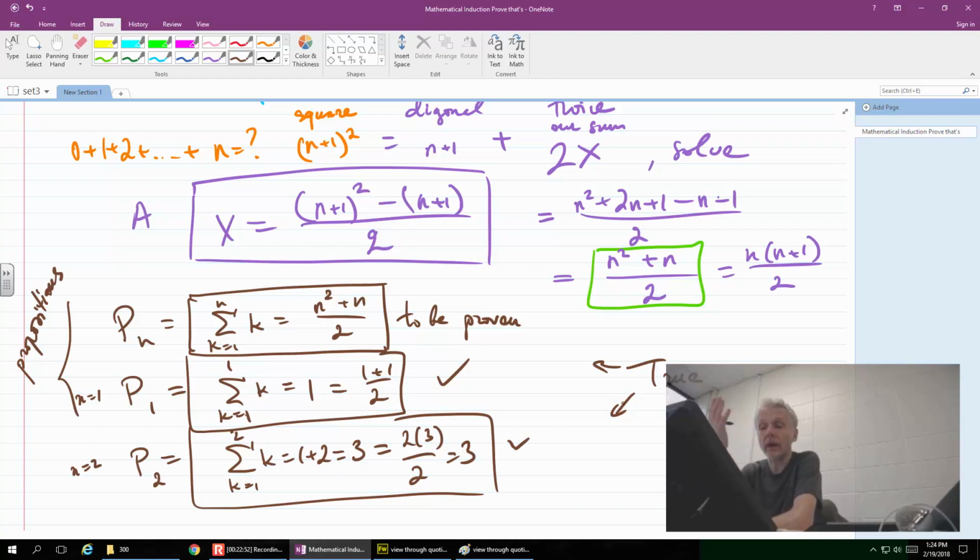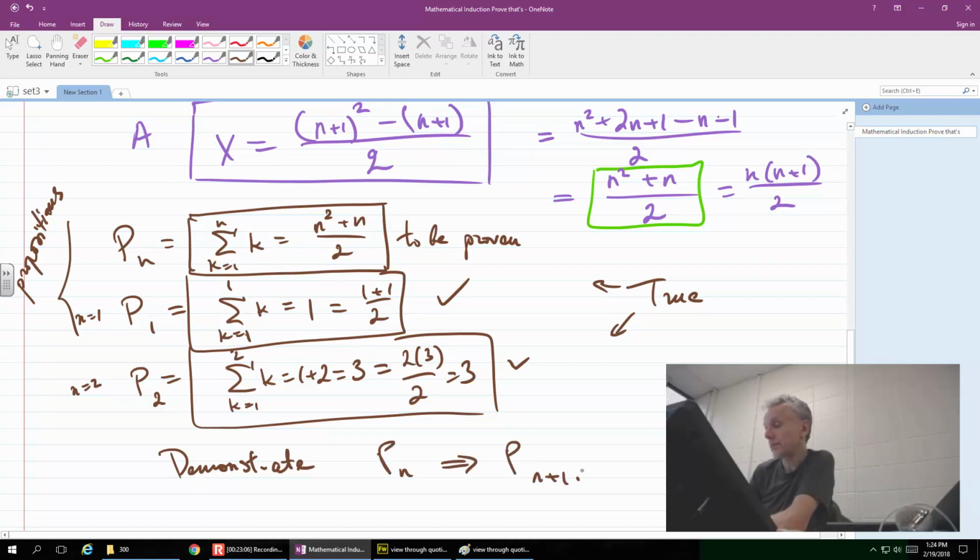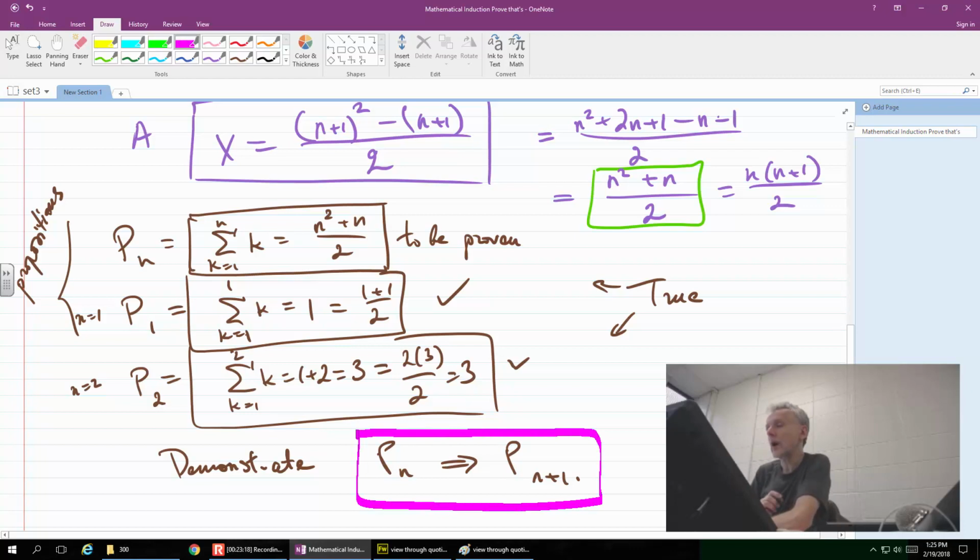The idea of induction is not to continue doing this, but rather to demonstrate that Pn implies Pn plus 1. That's the induction. So think about it: that's one statement that you need to prove.